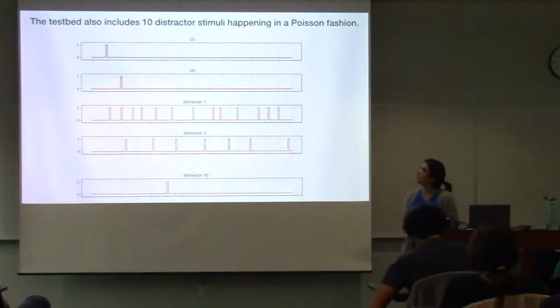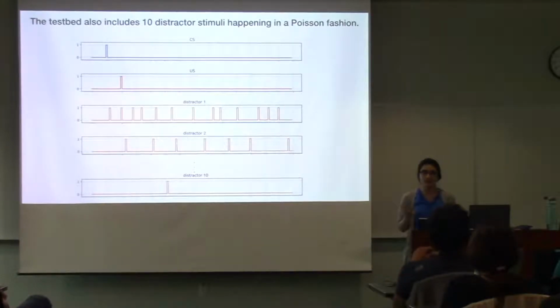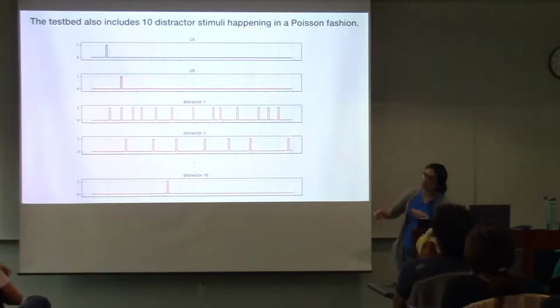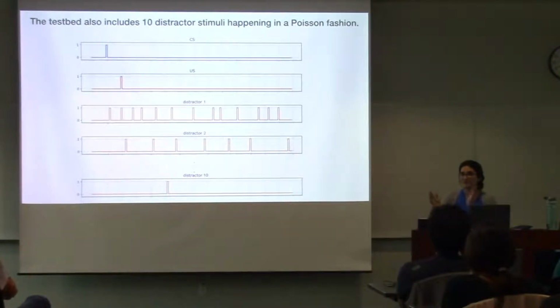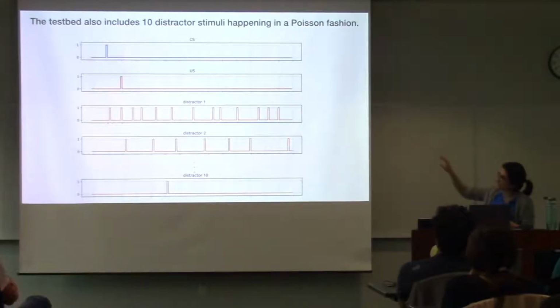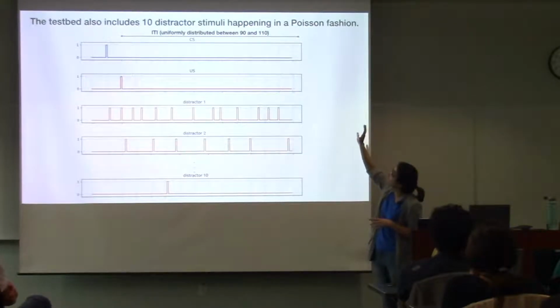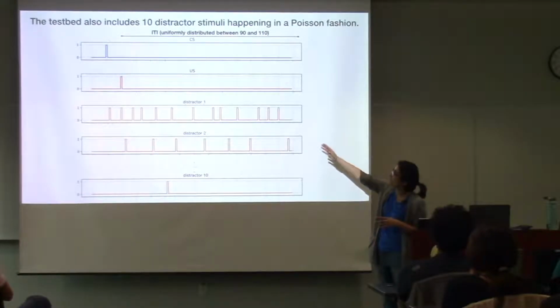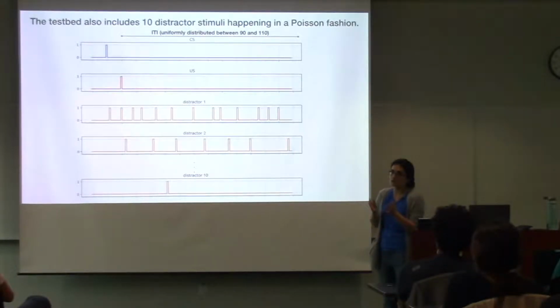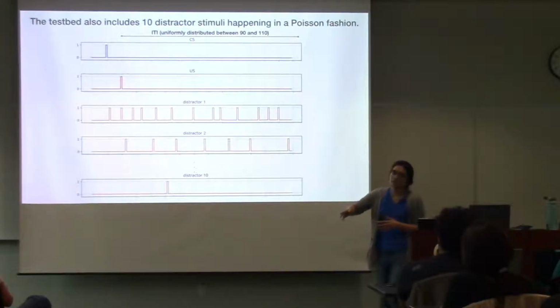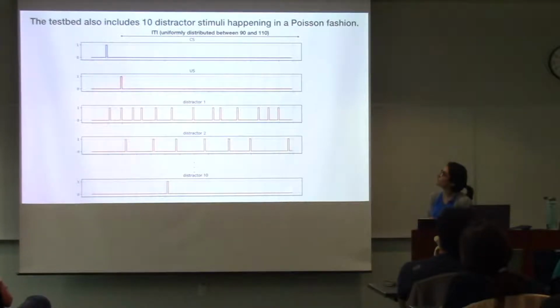The testbed also includes 10 distractor stimuli that happen in a Poisson fashion. And here I'm showing the full trial. In the previous slide, I showed the most interesting part of the trial. Here I'm showing the whole trial. After the US happens, there is an inter-trial interval, which is the time till the next CS happens, and that is uniformly distributed between 90 and 110.